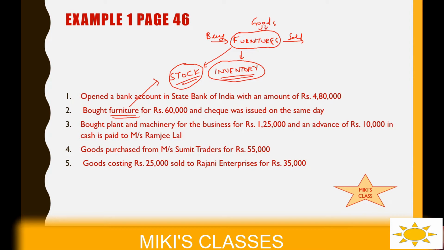What are the goods? It is furniture for you. It need not be buying; it can also be manufacturing. You might be a company which manufactures furniture and then sells it. Even then, in that case, this is your stock or inventory.